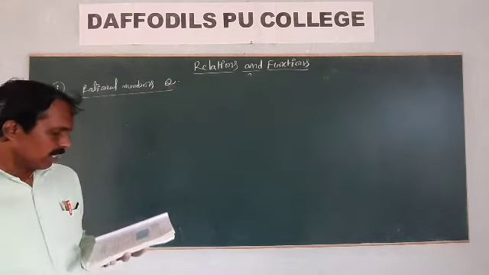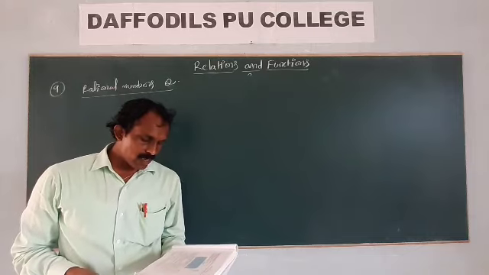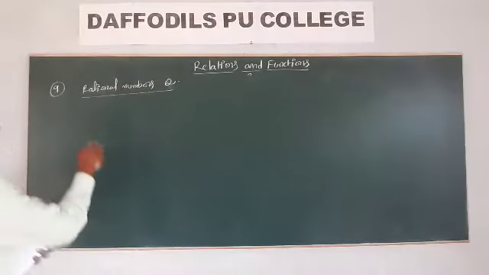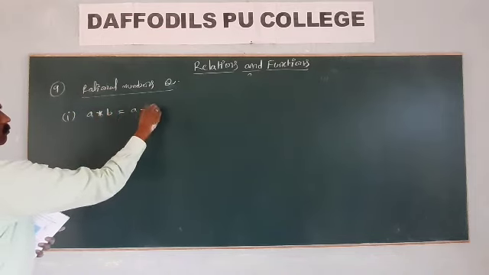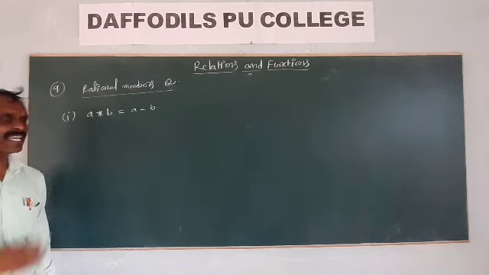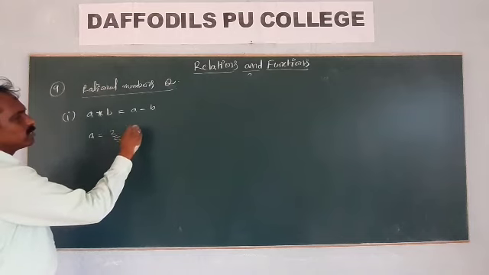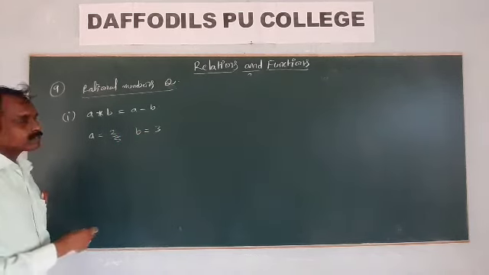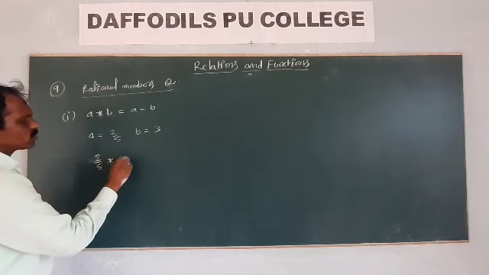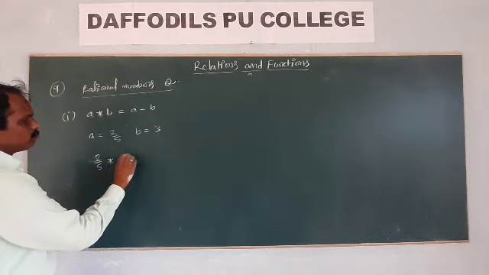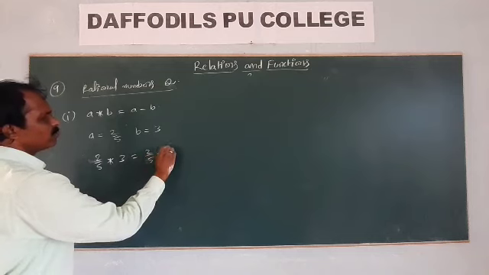Here, let star be a binary operation on the set of rational numbers. First bit: A star B is equal to A minus B. You take any example, no problem. A is equal to 2 by 5, B is equal to 3. 2 by 5 star 3 means 2 by 5 minus 3.